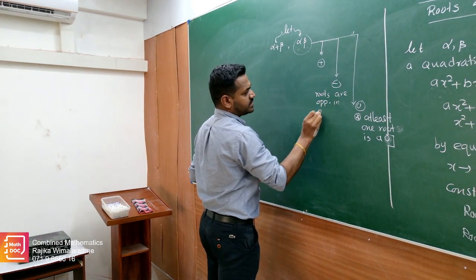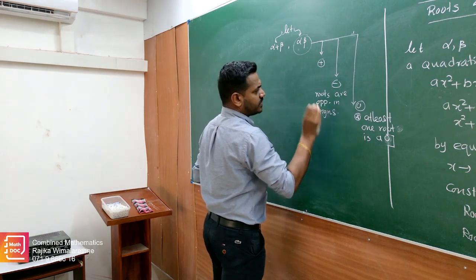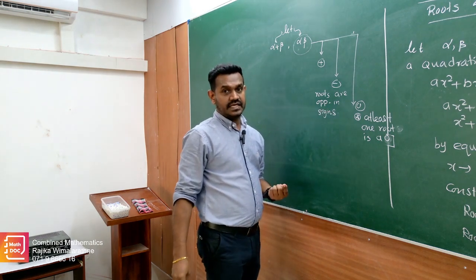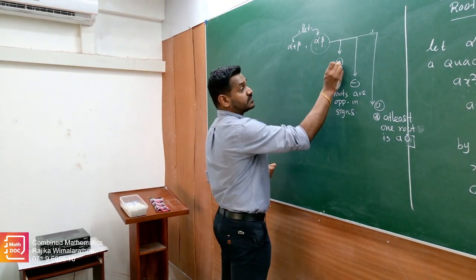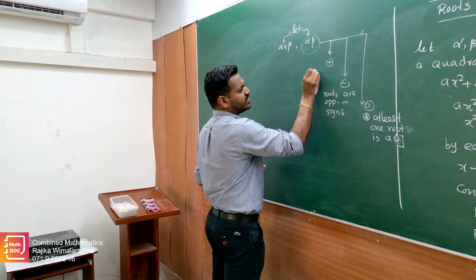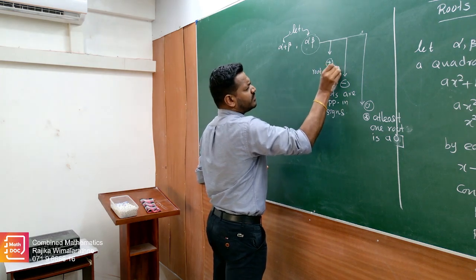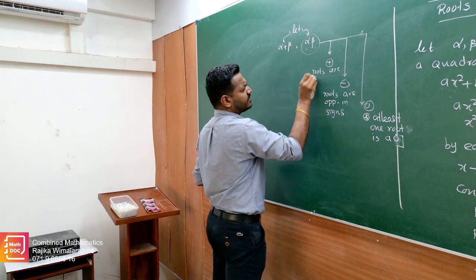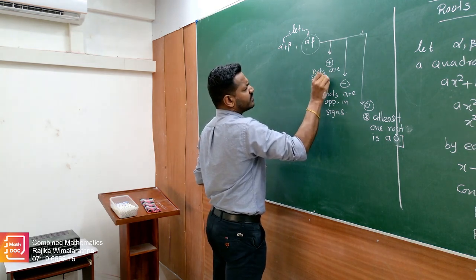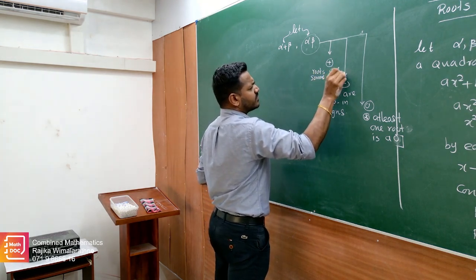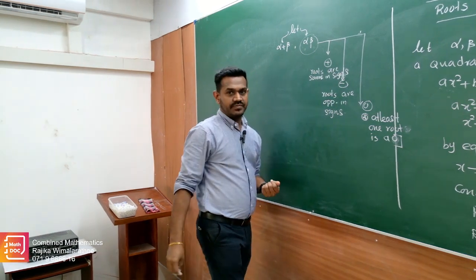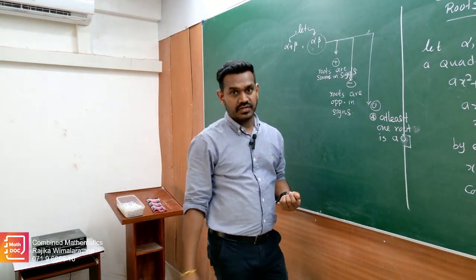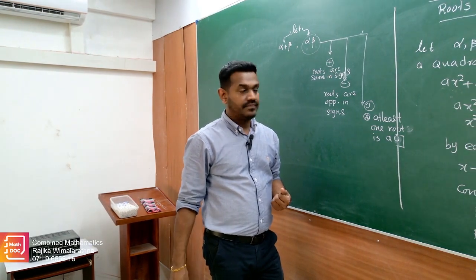When the root product is negative, we say roots are opposite in signs. When the root product is positive, then we say roots are the same in sign. That means both positive or both negative can happen.